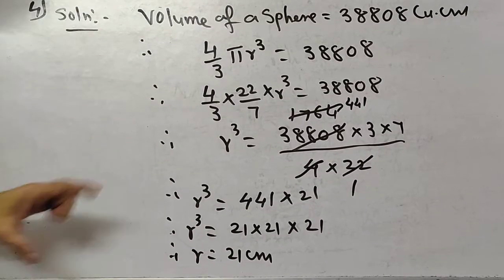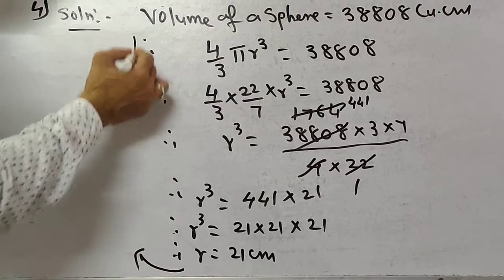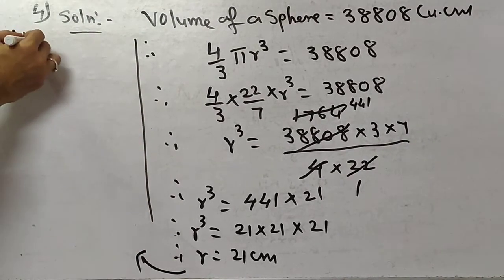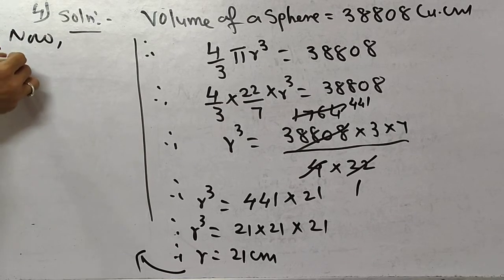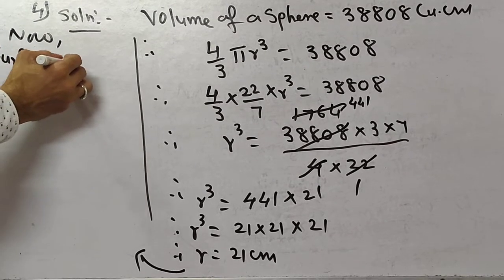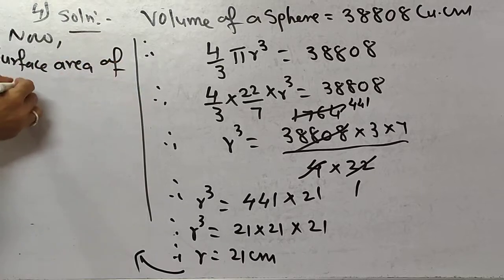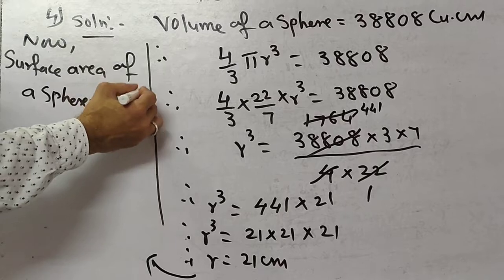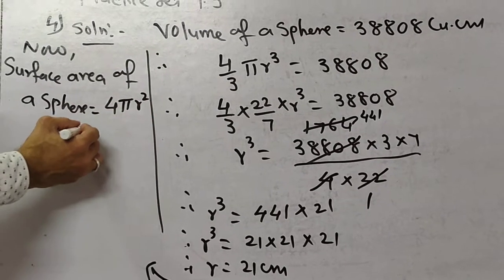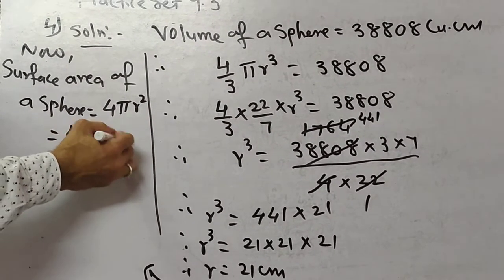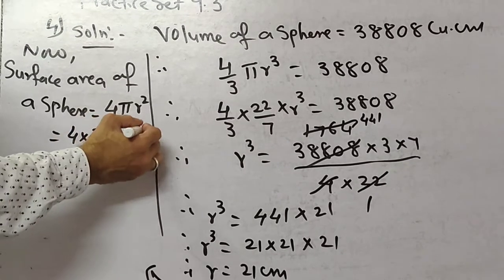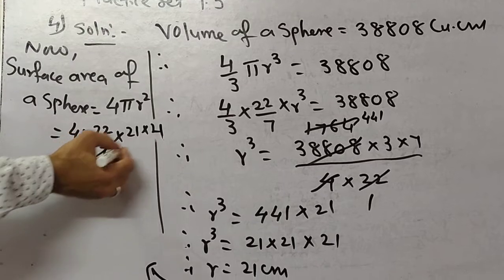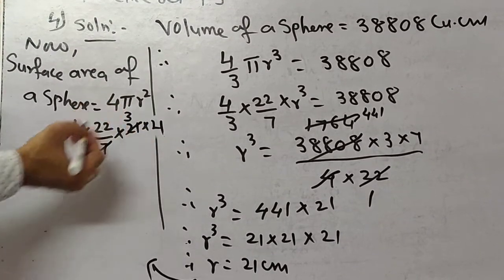Okay, now after getting this, we want the surface area of a sphere. The surface area of a sphere formula is 4 pi r square. 4 into 22 upon 7 into 21 into 21. 7 ones are 7, 7 threes are 21.